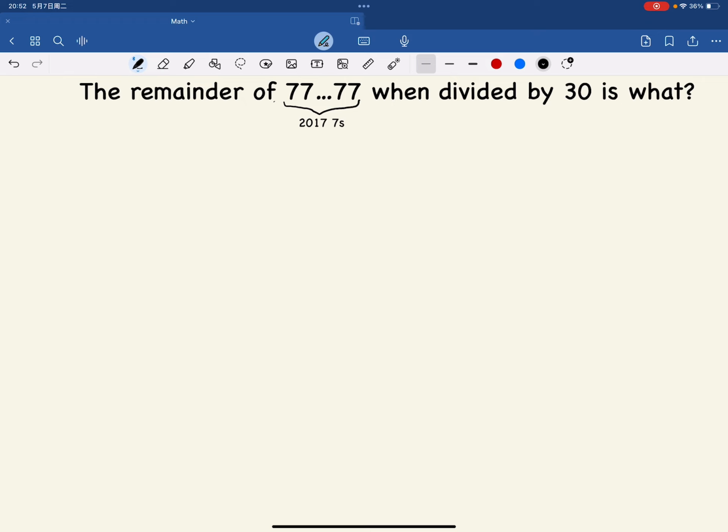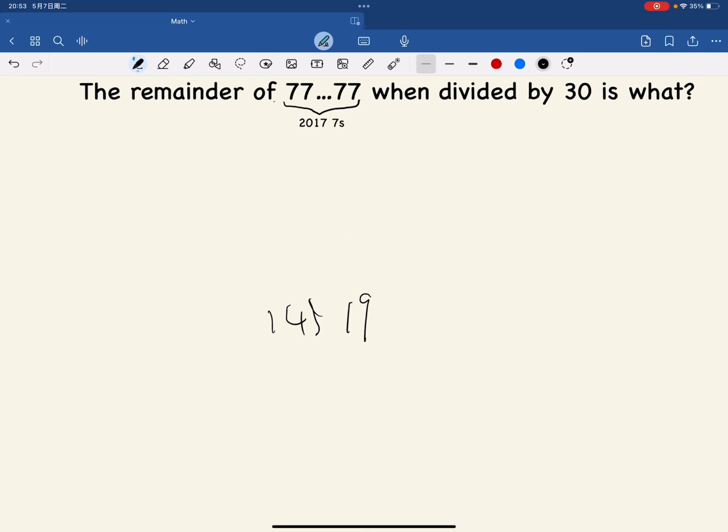And since every single digit in this whole number is 7, and there's 2017 of these, we can just do 2017 times 7, and that'll be 14,119. So now that's our answer.